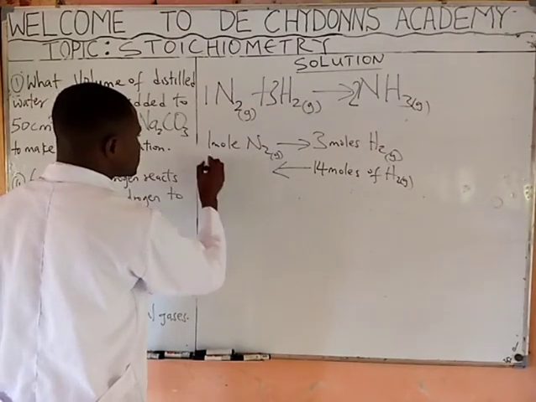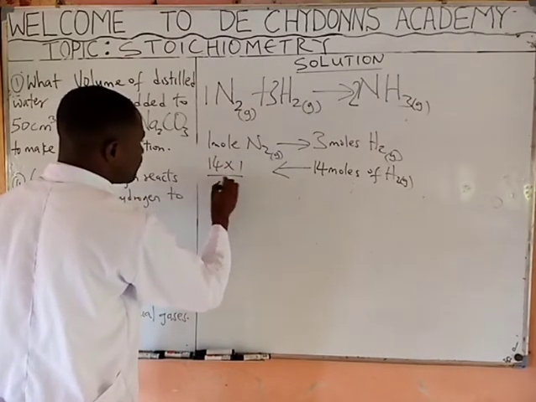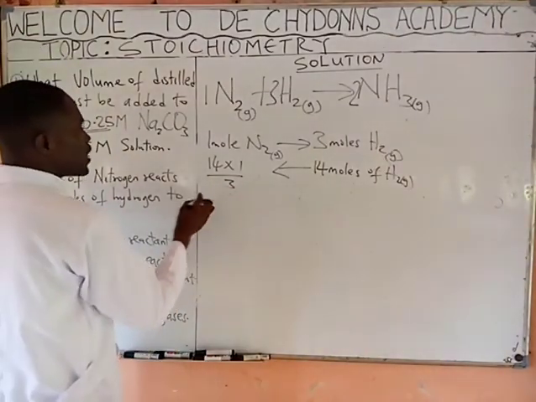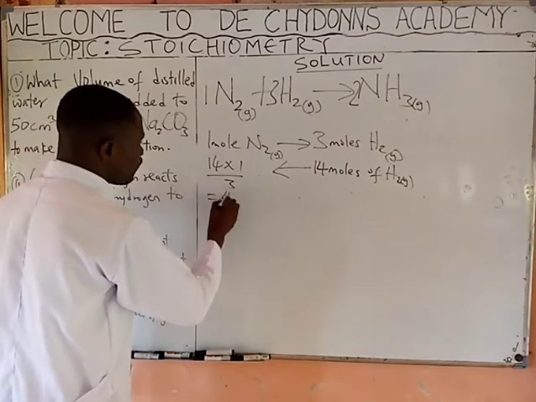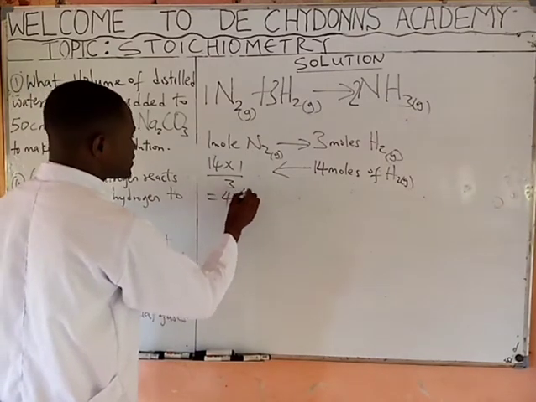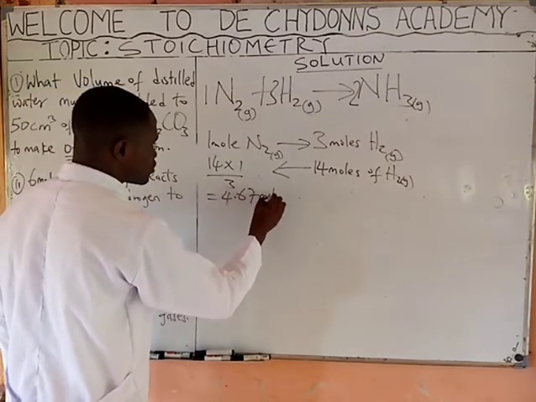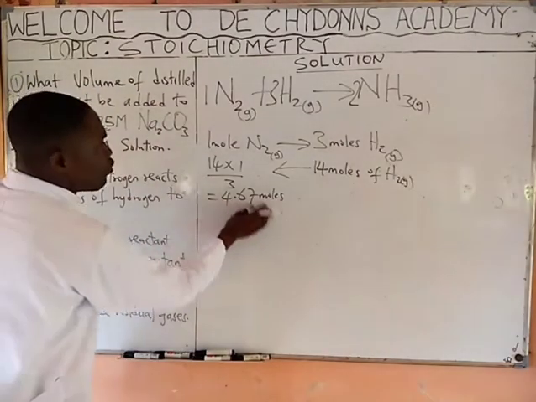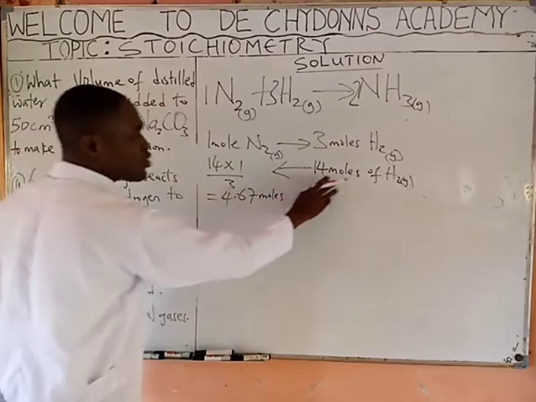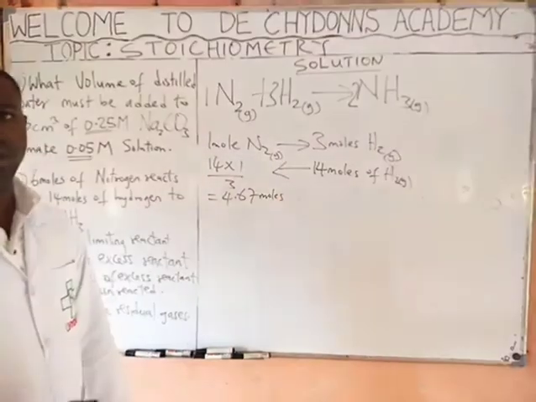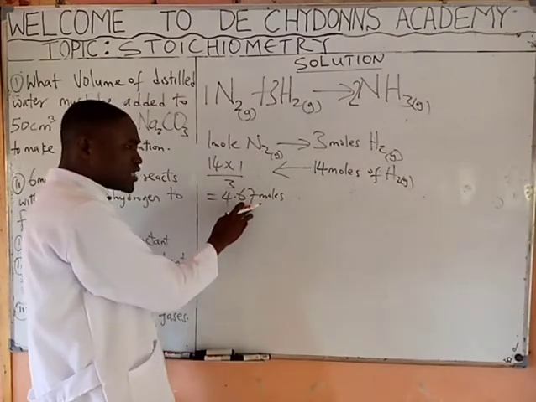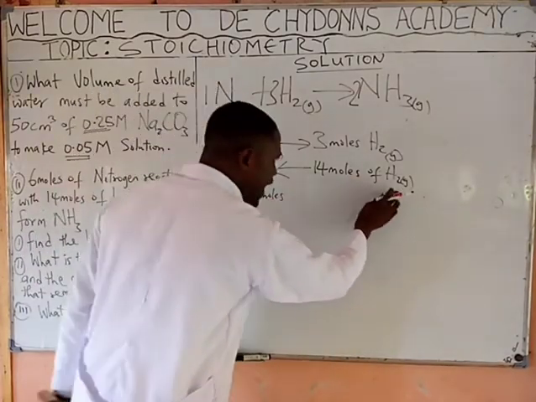When we cross multiply, we say 14 times 1 all over 3. 14 times 1 all over 3 will be giving us 4.67 moles. So it means that it's 4.67 moles of nitrogen that is supposed to react with 14 moles of hydrogen.